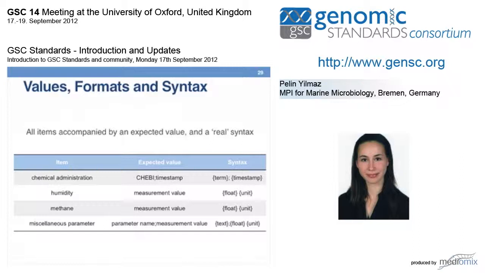For example, for humidity, you should put in a measurement value, but not text or an interval or anything else. A measurement value, a number. And then we have the syntax to go with it, which is really the computational syntax. We say that this should be a floating number, so a number with a decimal point, and you should also put in the unit with that, which is expressed in this format.